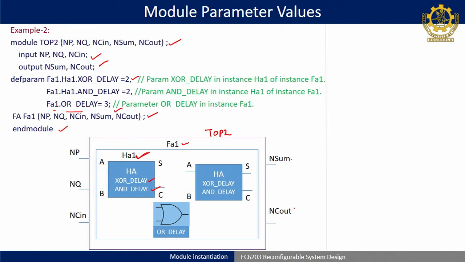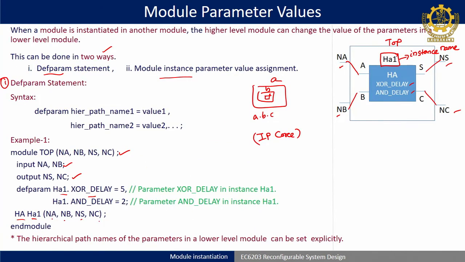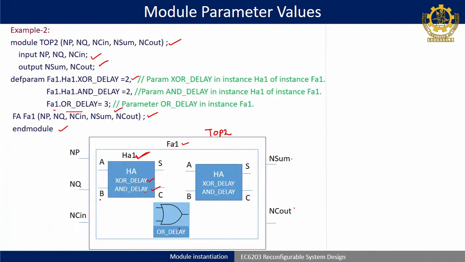You have to follow the entire hierarchy from the top till the parameter, wherever the parameter is there in that block. So, FA1.HA1.XOR, FA1.HA1.AND, but FA1.OR directly. In the first case it was HA XOR, HA AND, because it was in the same module. In this case we have added another level of hierarchy.